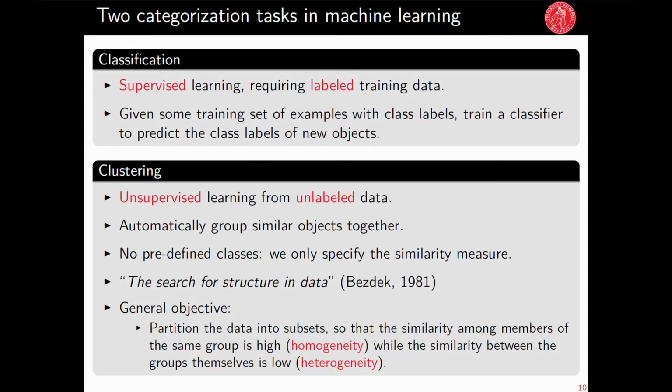So when reading technical descriptions of what the objective is with clustering, it's often described as that we want to find groups where we maximize homogeneity and minimize heterogeneity. So a very complicated formal way of stating our intuitions about the properties of something forming a group, right?